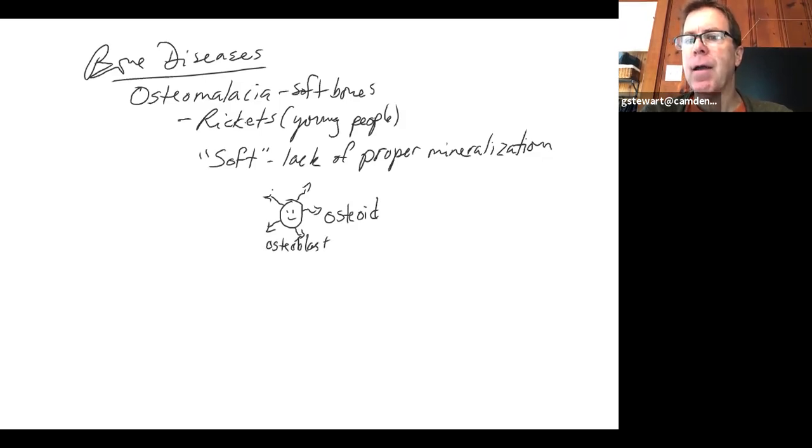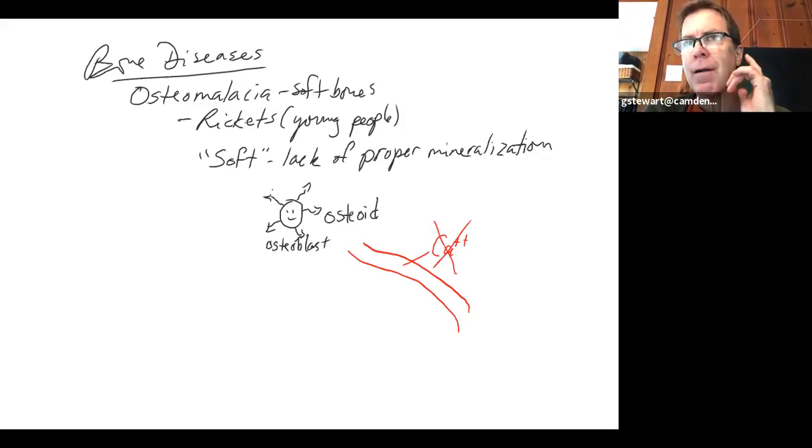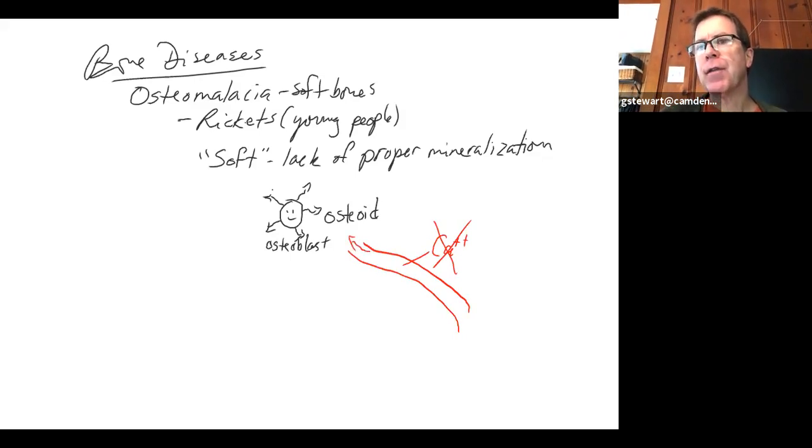It's that the blood vessels coming into this area are lacking proper minerals. That means we didn't get enough of those minerals in our diet or from, say, the sun. So minerals are not adequately deposited in this area, so this stuff never mixes and gets hard.